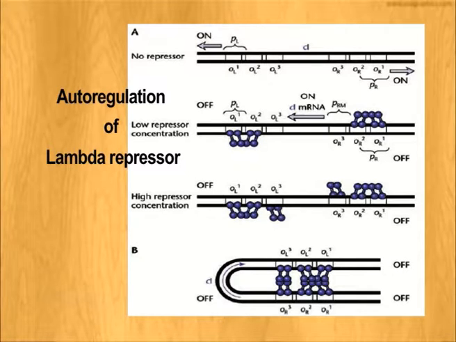Here comes another beautiful mechanism called autoregulation or feedback inhibition of the repressor protein. At a low concentration of C1, it will first bind to the OR1, OL1 region, then it will attract another C1 dimer to bind to the OR2 and OL2 region.